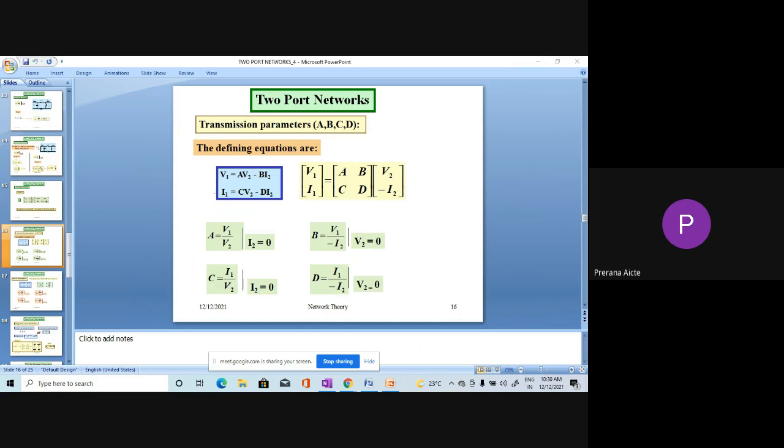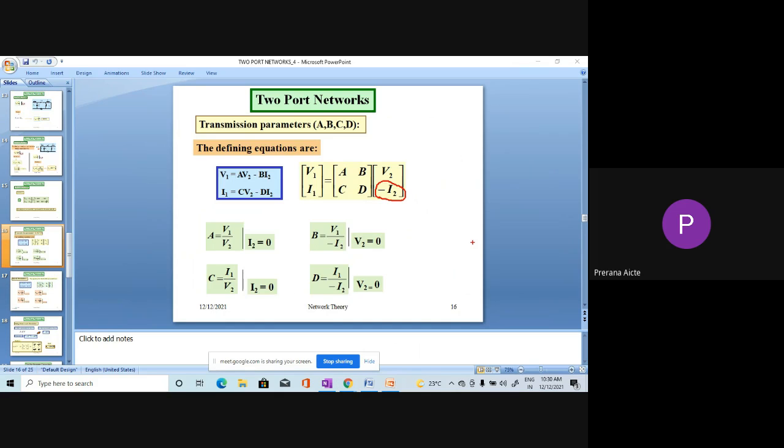If you put this into matrix form, V1, I1, then ABCD, then V2 and minus I2. So a little bit of concentration is required here: minus I2 will be there. It is not simply plus I2, it is minus I2. If you want to take plus I2, then you need to take out minus B and minus D. So this is very simple.